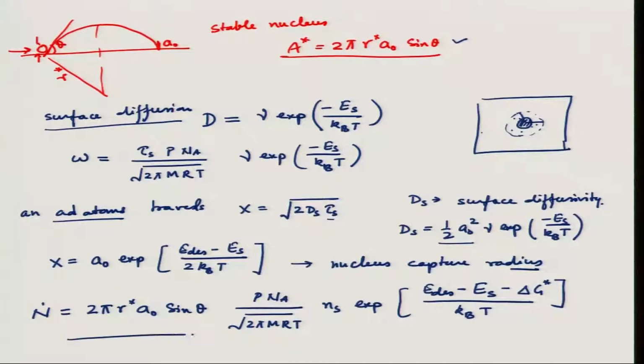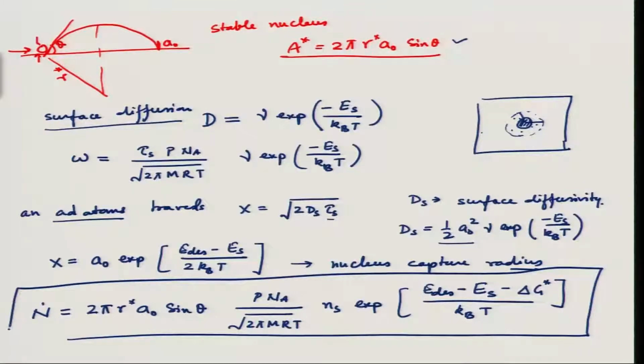So, this expression will give me the nucleation rate, the rate of stable nuclei formation, and it depends on various energies as well as pressure, temperature, and also the size of the radius, and this is the total nucleation site.